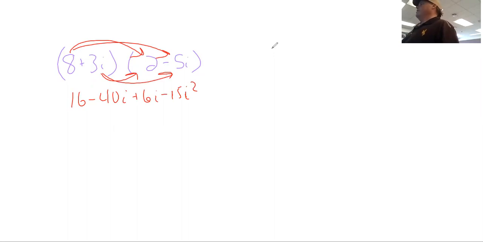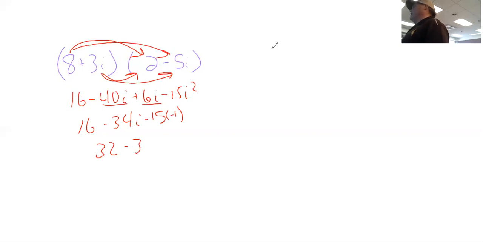Well, that's 16. -40 plus 6 is minus 34i, minus 15 times -1, which is 15. So 16 plus 16 is 32 minus 34i.